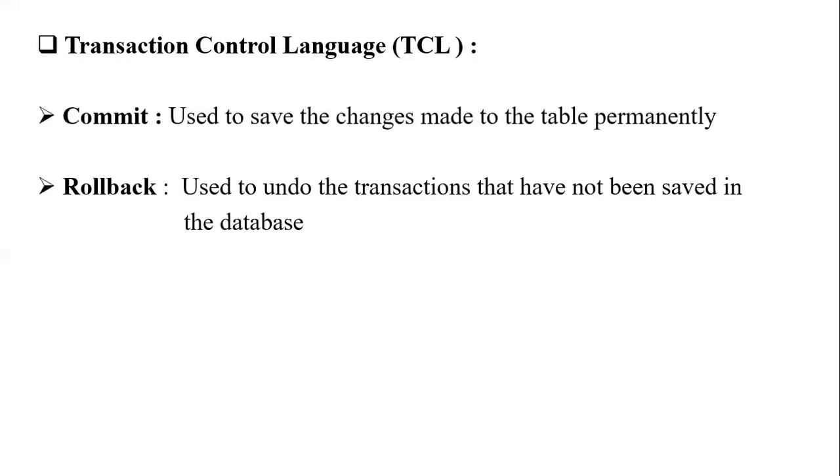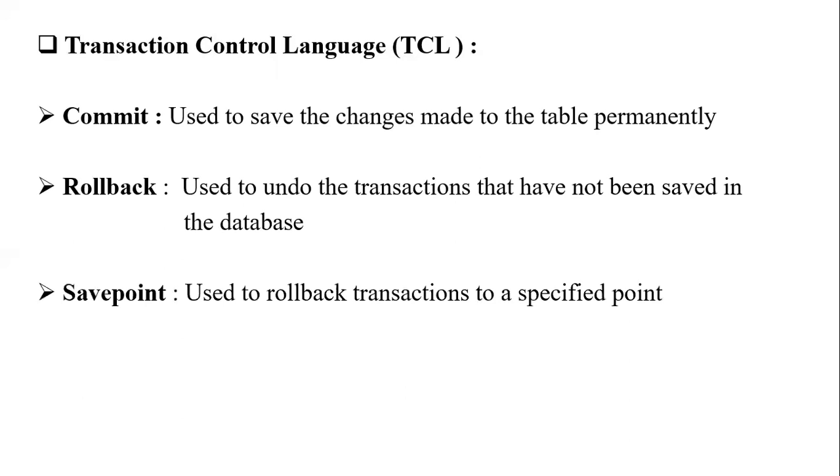And the next is transaction control language, TCL. TCL is used to manage the changes made by DML statements or DML commands. Whatever DML commands we have, like select, delete, update, insert, if you have to manage changes made by the DML commands, then you use TCL. The TCL commands include commit, rollback, and savepoint.